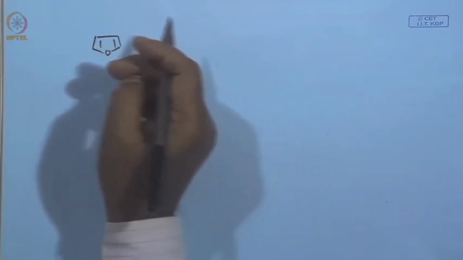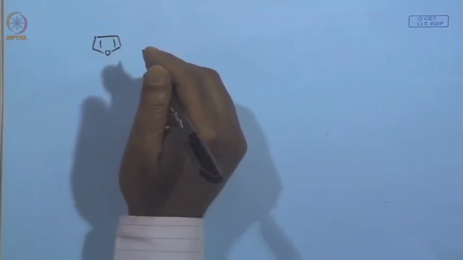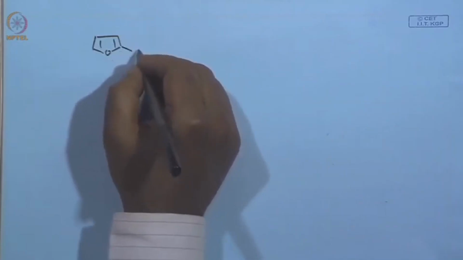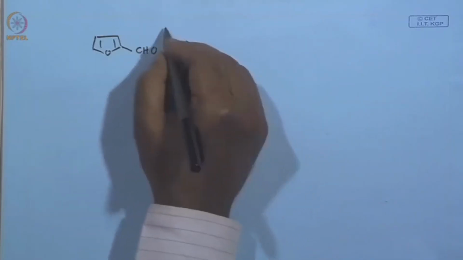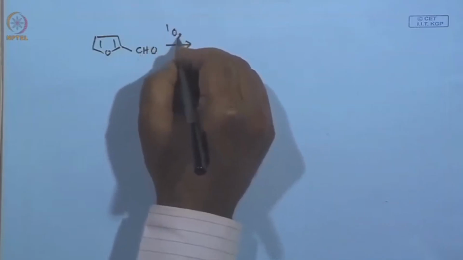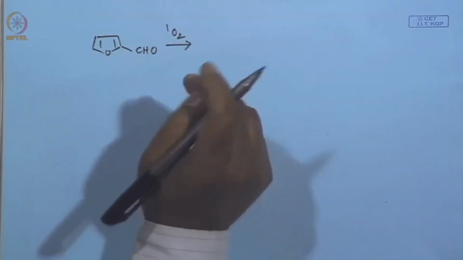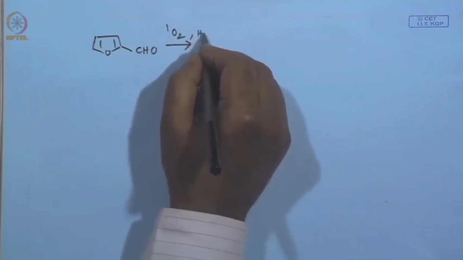Let me quickly give you one more example, in the case of furan. If you take furan, we also did one reaction with furfural, let us say furfural, and we did this reaction with singlet oxygen in water.